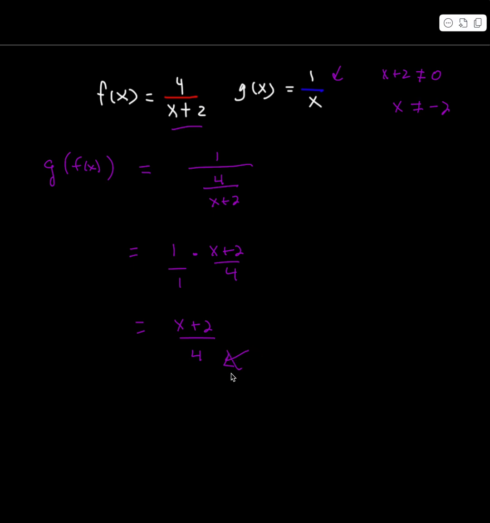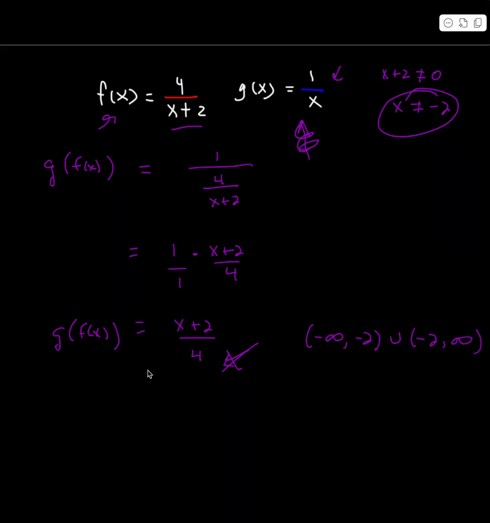So as far as the composite is concerned, the final function doesn't have a restriction. But since it came from its worker bee, in this case f of x, we have to honor that restriction on the domain. So the domain of the composite would indeed be negative infinity to negative 2, union negative 2 to positive infinity.